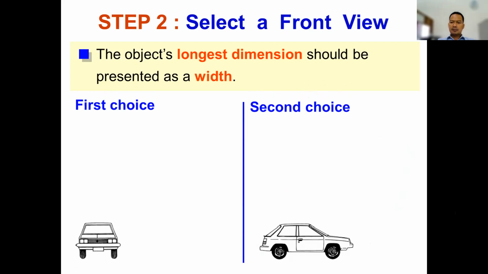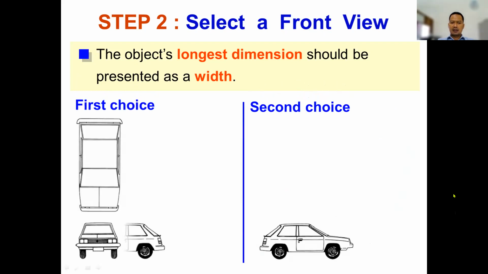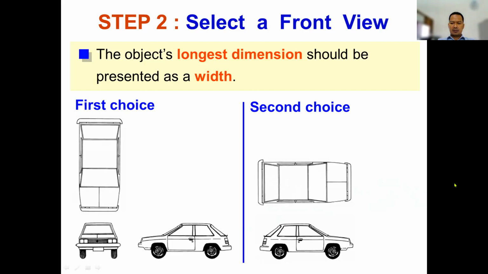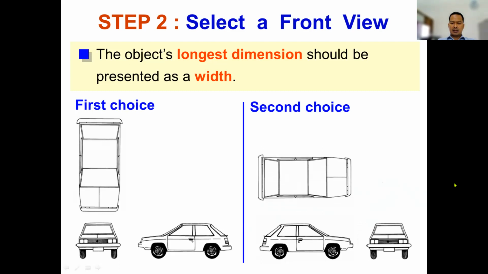And then another projection view will be like this. This is the top view, and that's the right view. And for the second choice, we will get the top view like this, and the right view like this. What is the difference between these two choices?